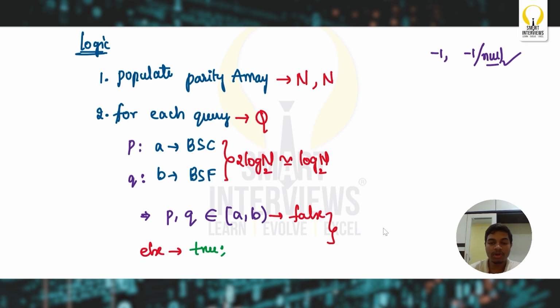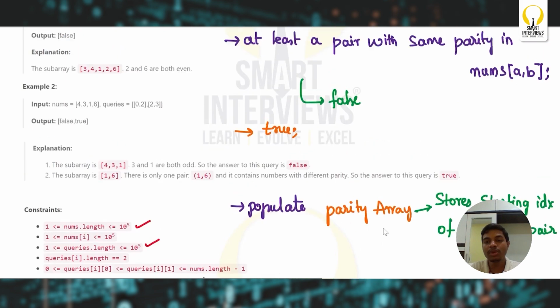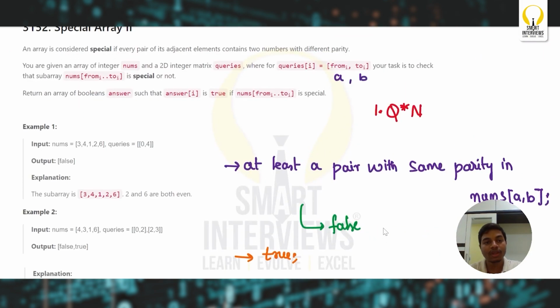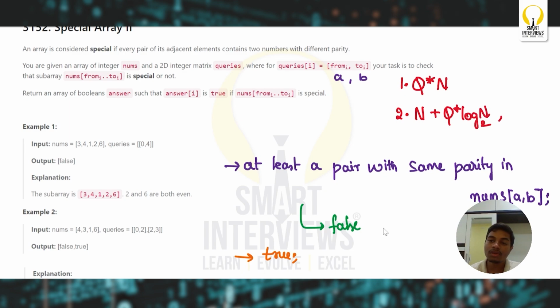With this, the overall complexity that we have discussed is n plus q times log n base 2, with n extra space.